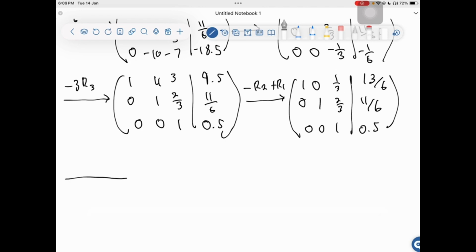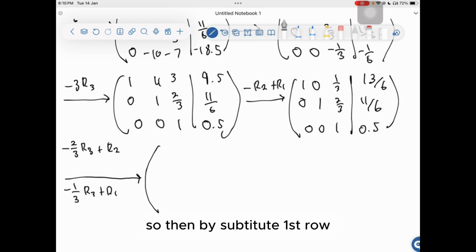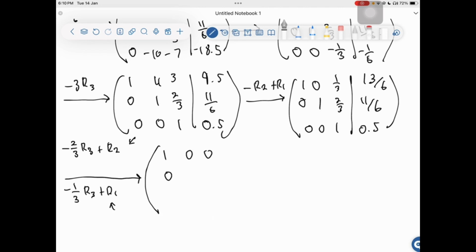You can do that by substituting them into the equations negative 2 over 3 R3 plus R2 and negative 1 over 3 R3 plus R1. So then by substituting the first row into this equation and the second row into this equation, you can get the RREF of the matrix.